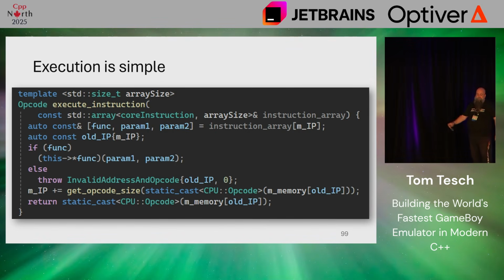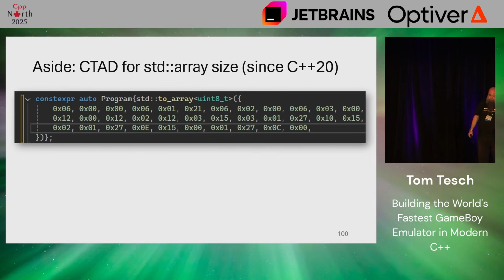So, execution with the array is very simple. You can write very compact code. That was actually easy to do. Also on the side, thank you C++20, we can finally do ctad for the size of an array. I don't know why that was so complicated to get in there, but that's very useful because remember what I want to do.